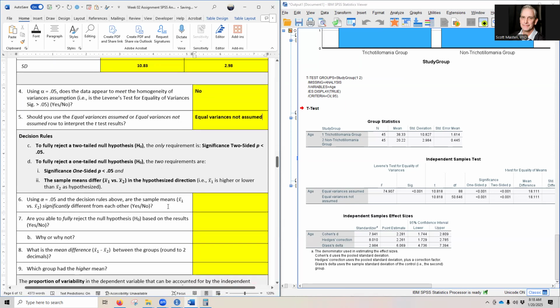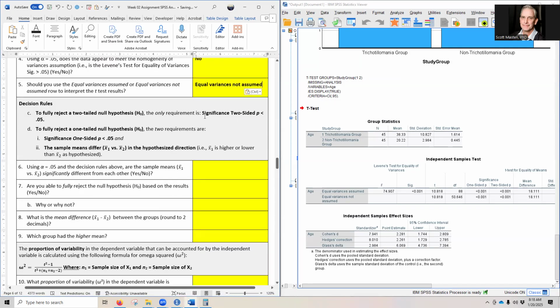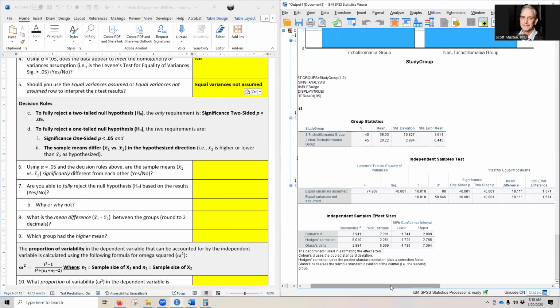Okay, let's keep going. To reject a two-tailed hypothesis, the only requirement is that significance two-tailed p is less than 0.05. So on this row, we go to significance two-tailed, two-sided p. That sucker is definitely less than 0.05. So indeed, are the sample means significantly different from each other?